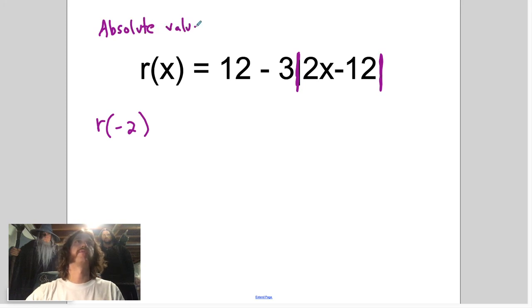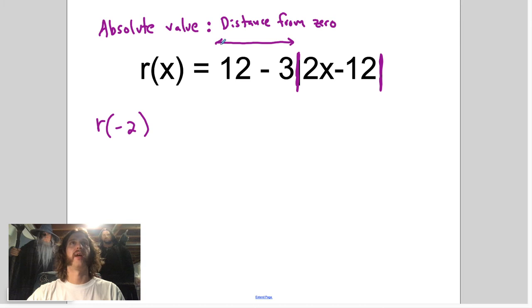Okay, this is an absolute value function. Absolute value means distance from 0. And that's talking about distance from 0 on the number line. So if this is 0, and I say, hey, what's the absolute value of 3?